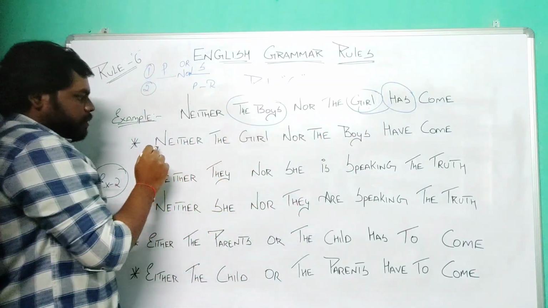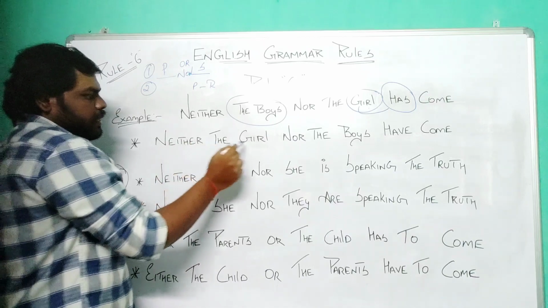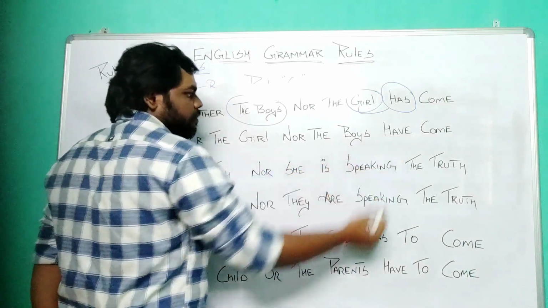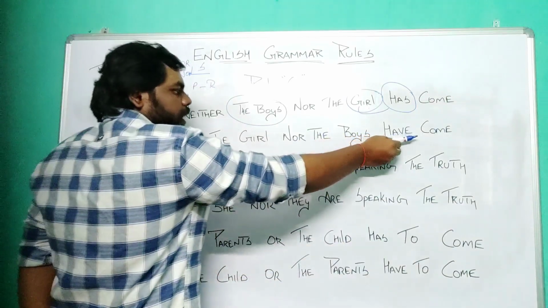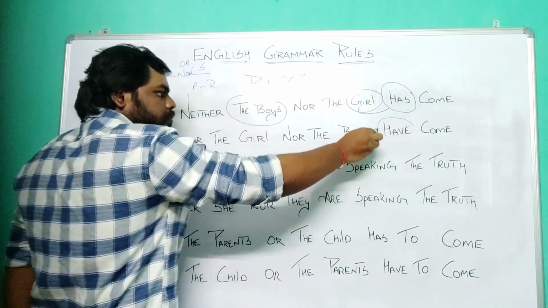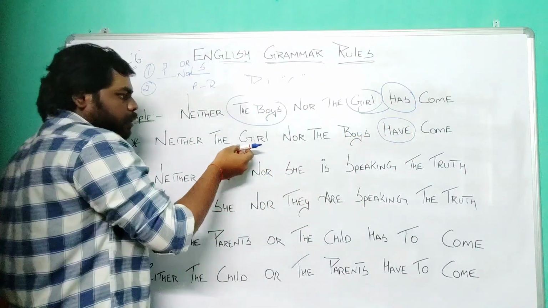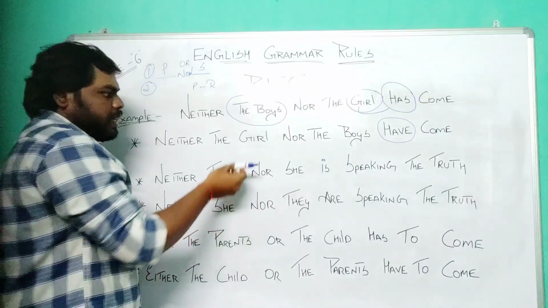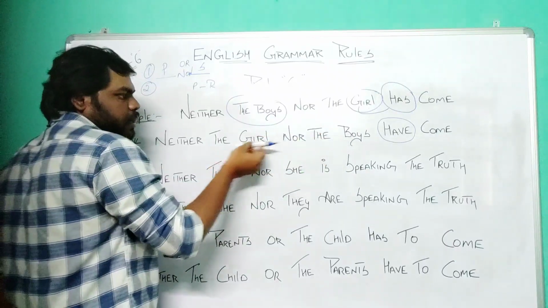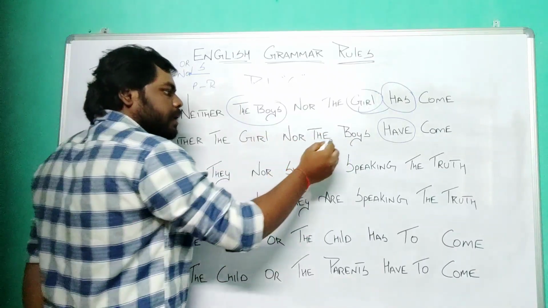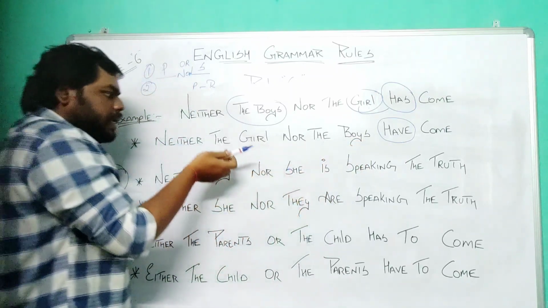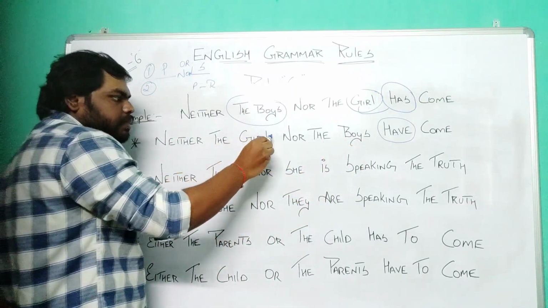So if we reframe the sentence, neither the girl nor the boys have come, the verb will take a plural form, because we are talking about two different subjects and they are in different numbers, one in singular and one in plural. So the boys, we cannot change the sentence as girls.